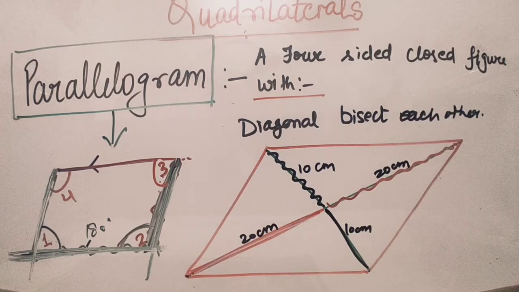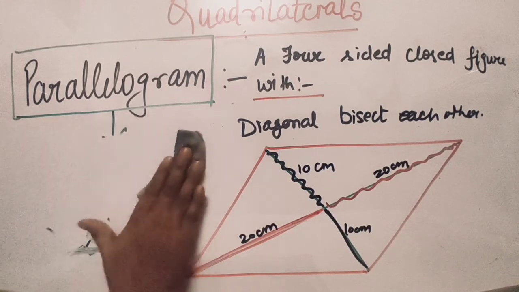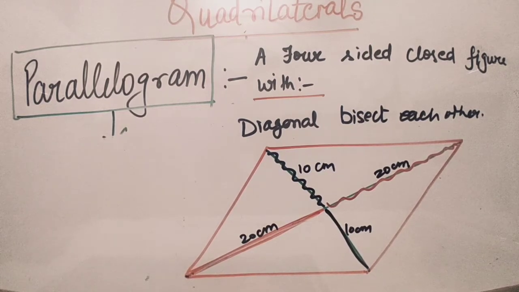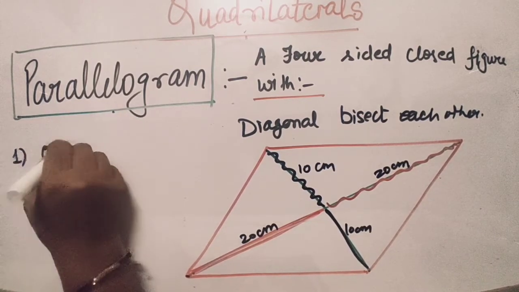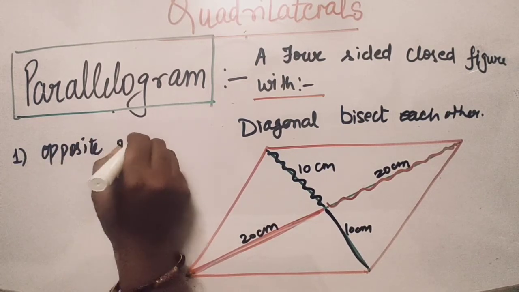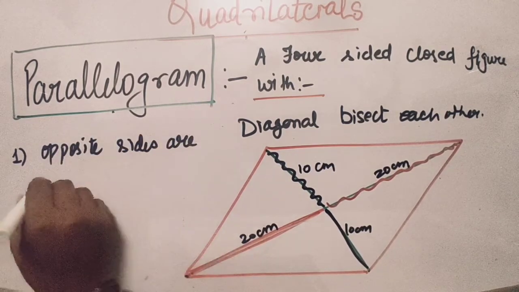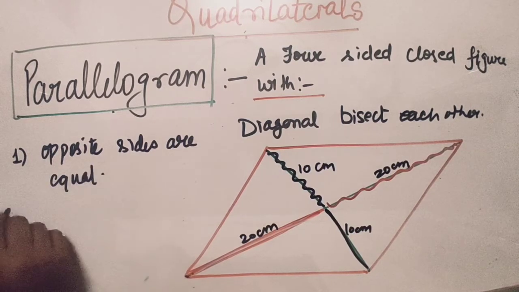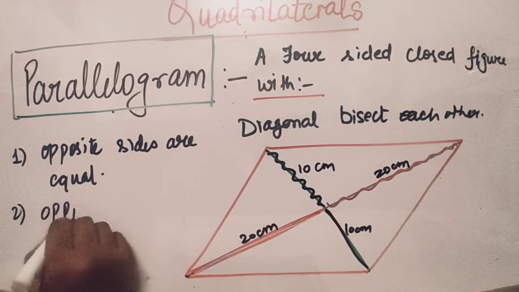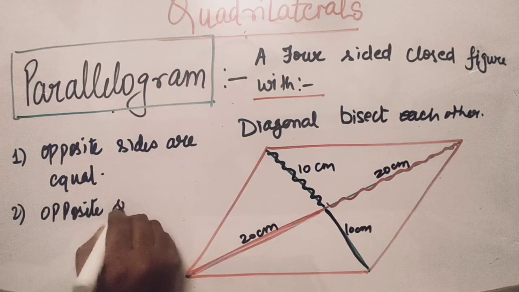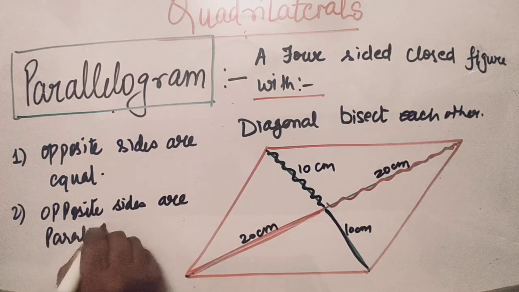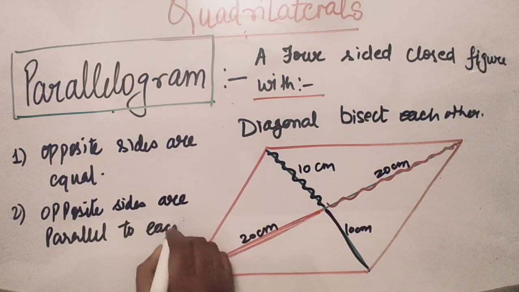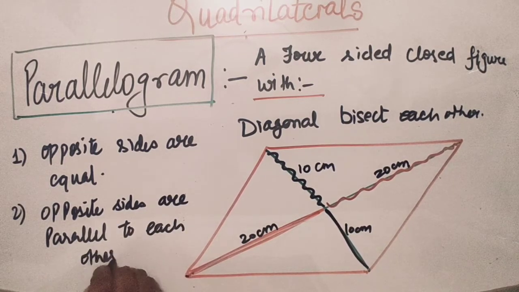So let me sum up what properties we have discussed. The first property is that opposite sides are equal to each other. Second, opposite sides are parallel to each other, right?